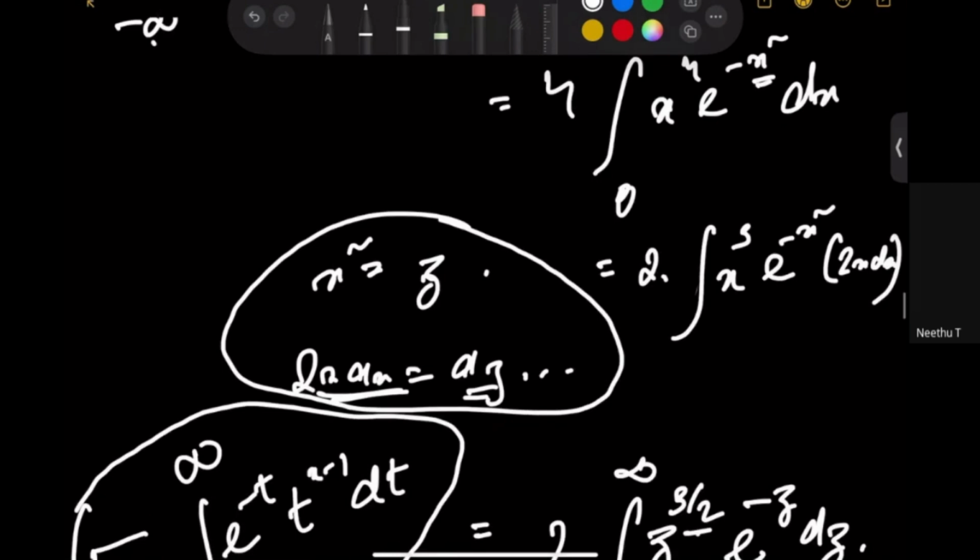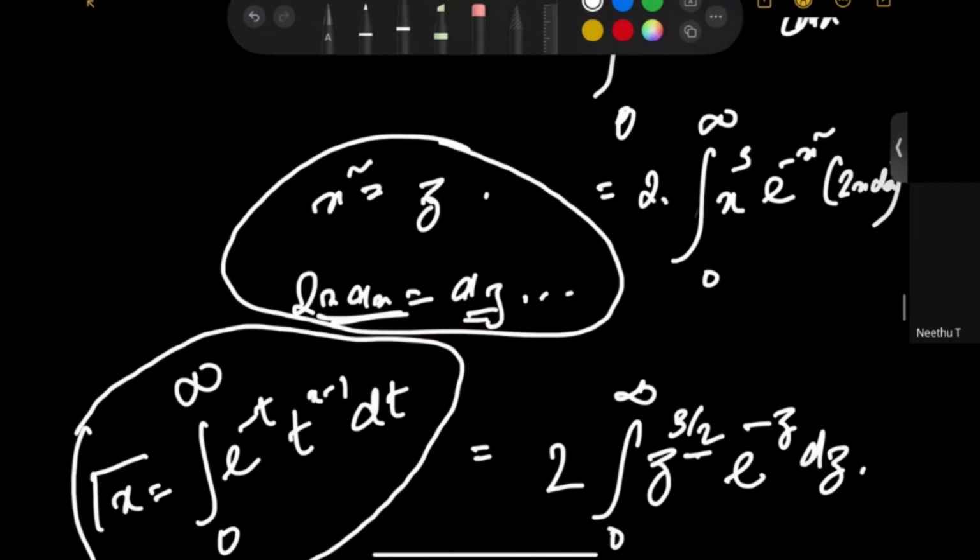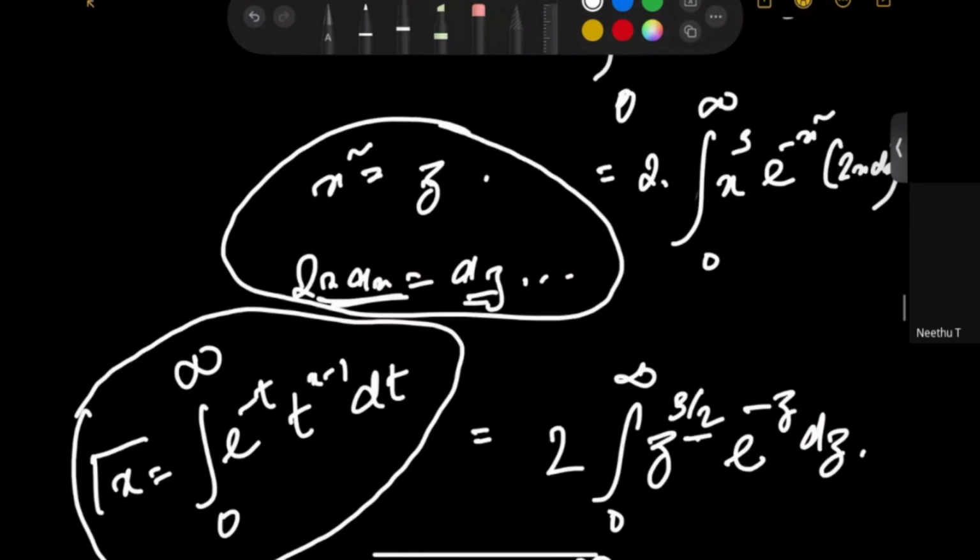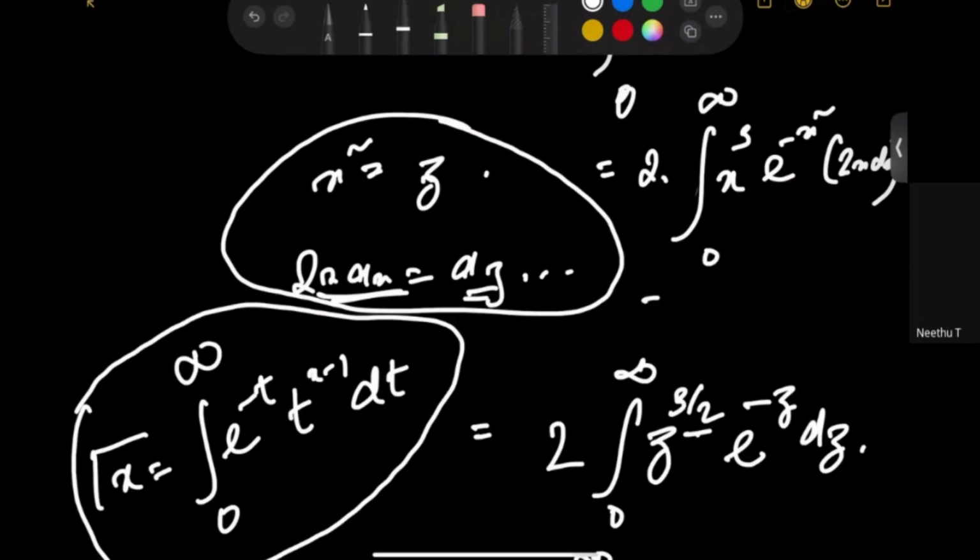There is some adjusting that you have to do. So 2x dx will become dz. This is z. What is x now? x is the square root of z, right? From this you get x to be the square root of z.